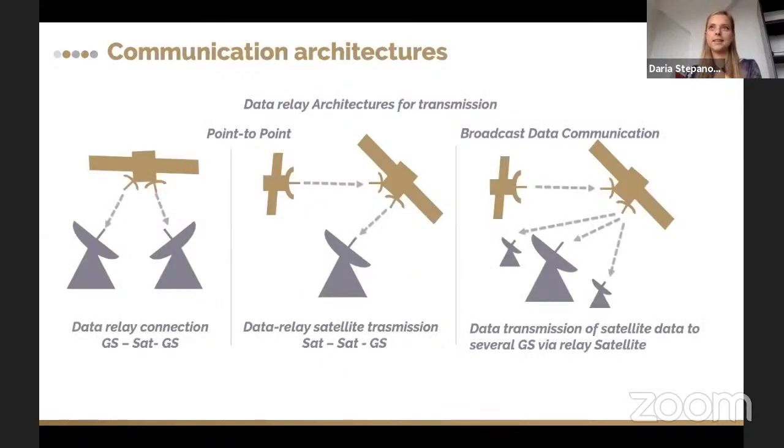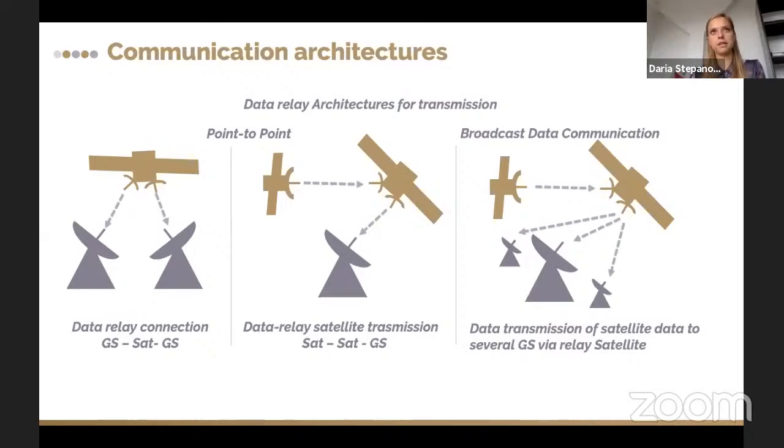Regarding the data relay, once we go to this constellation topic, it's a pretty hot architecture nowadays. However, in the CubeSat industry, I think this is an overcomplication to the system design, and most CubeSats do not need this functionality.